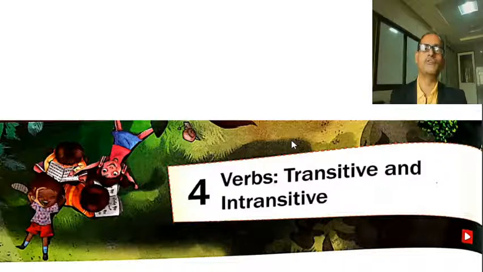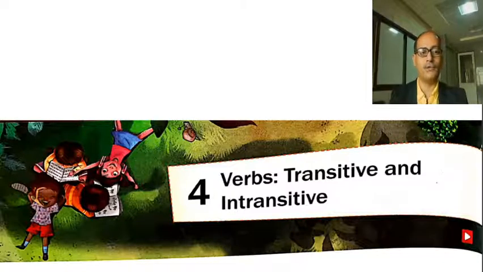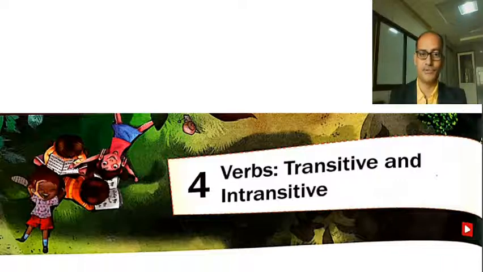Before going towards this classification, first we'll revise something. First you should know what the object is, because this classification of verbs depends totally upon the object, meaning the effect of the verb on the object. Already you have learned about object in previous classes.